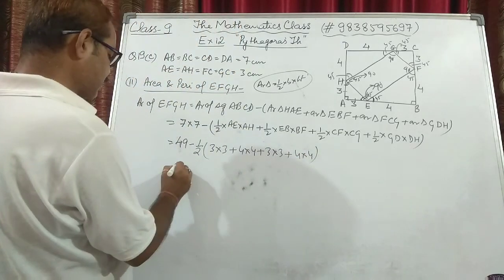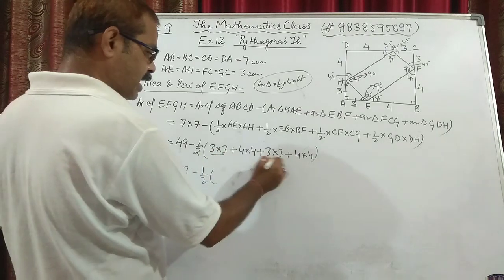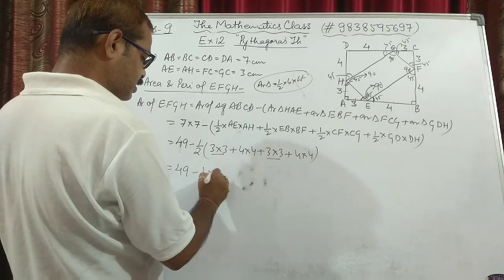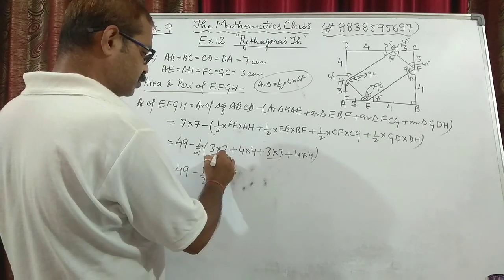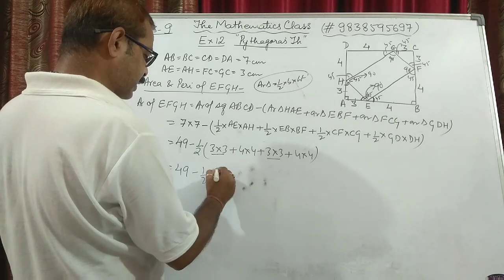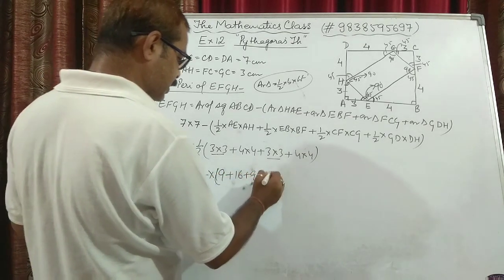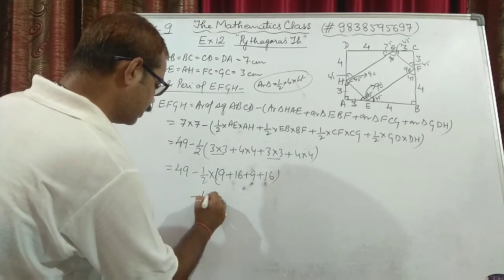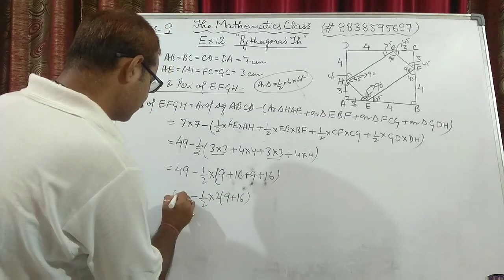It means this total will be 49 minus half into 9 plus 16 plus 9 plus 16. Then it means 49 minus half into 2 times of 9 plus 16.